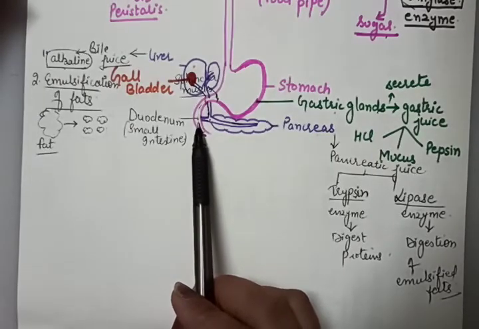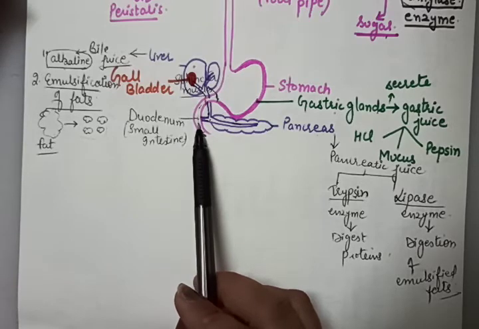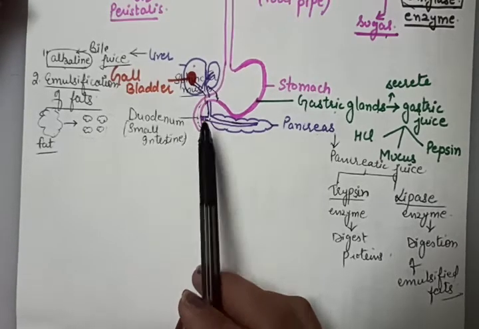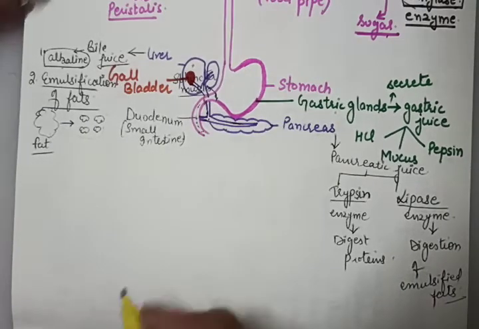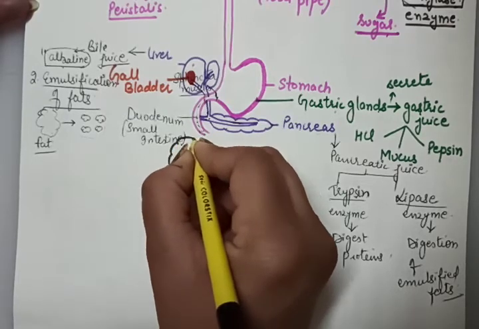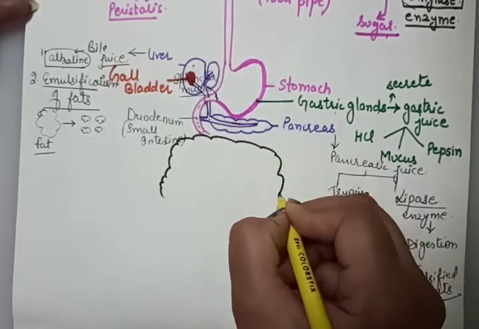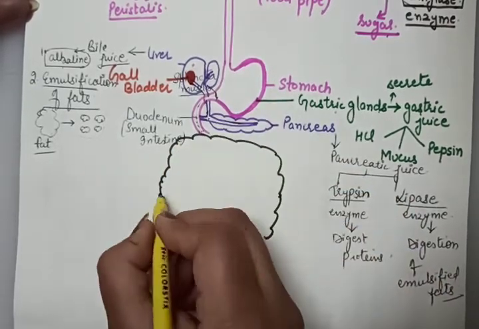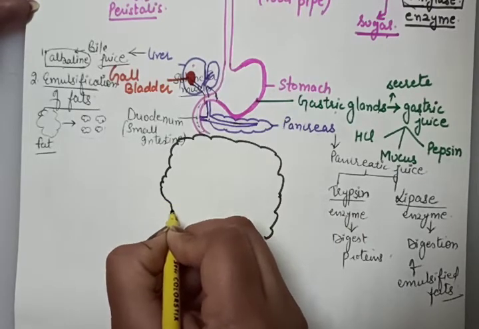Now the small intestine itself has intestinal glands. First we will complete this diagram also. This is your large intestine.